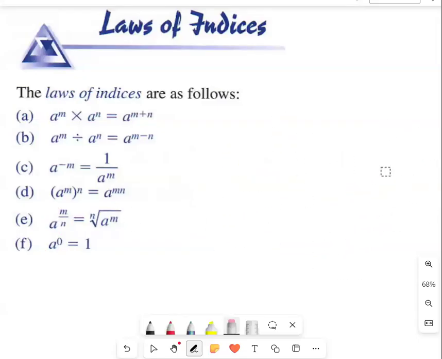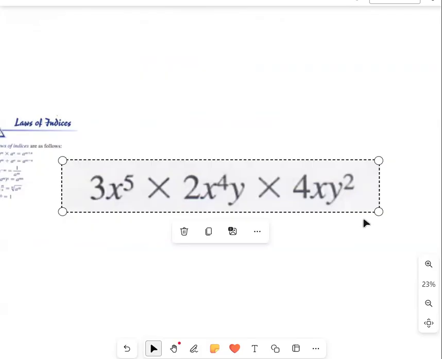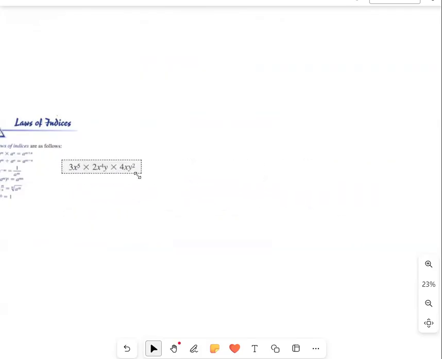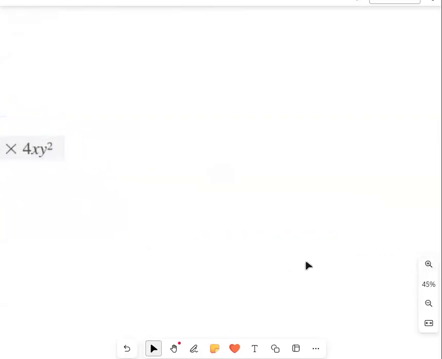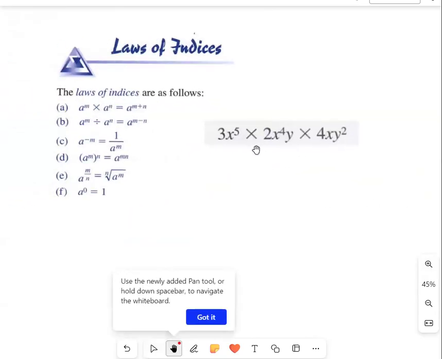Let's do a few more examples. Let me clear some stuff from the board. Yeah, look at this one.